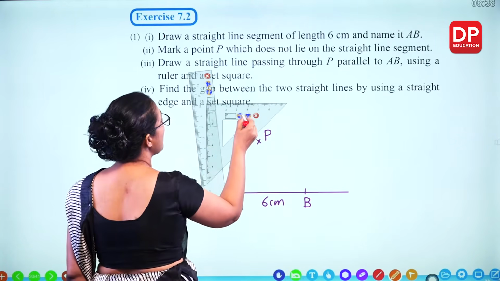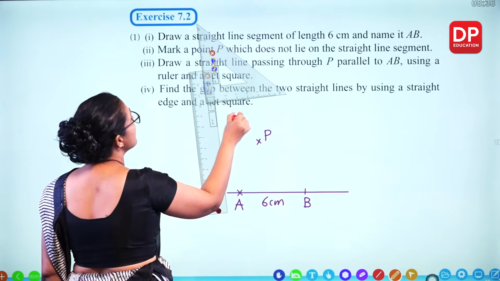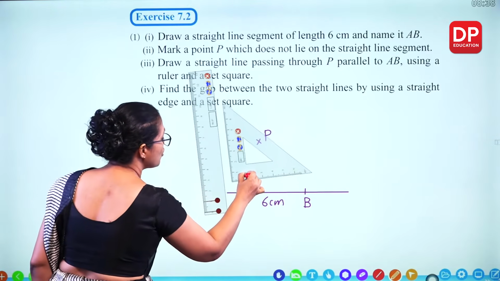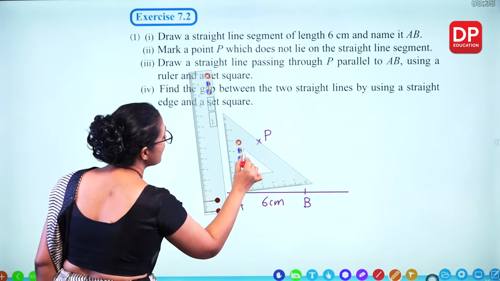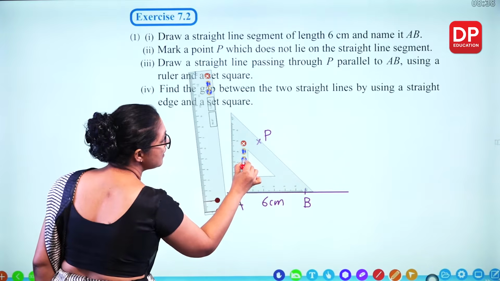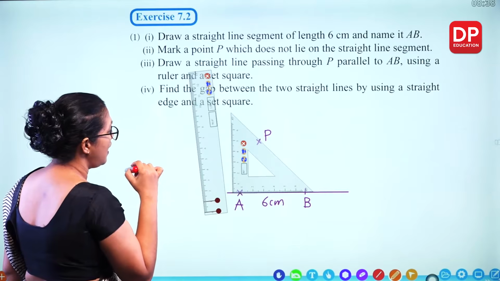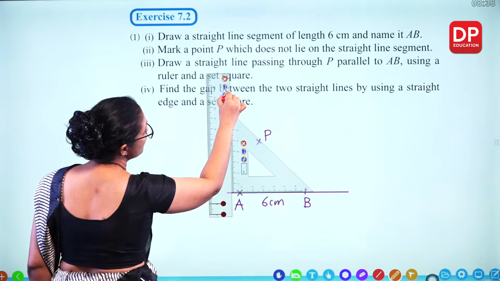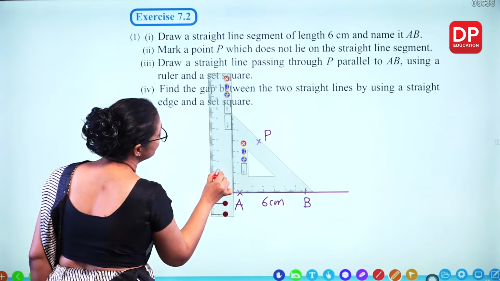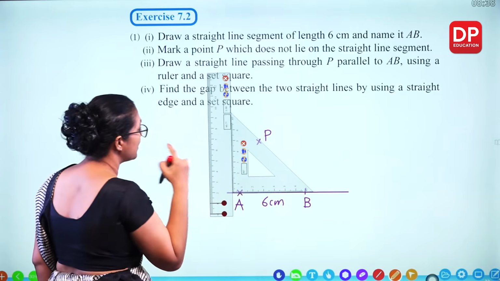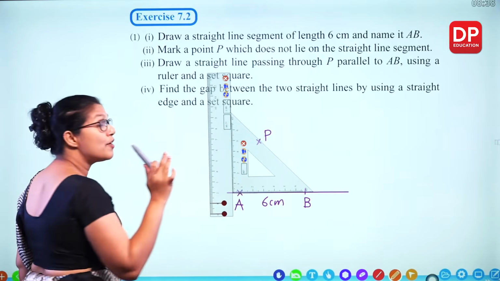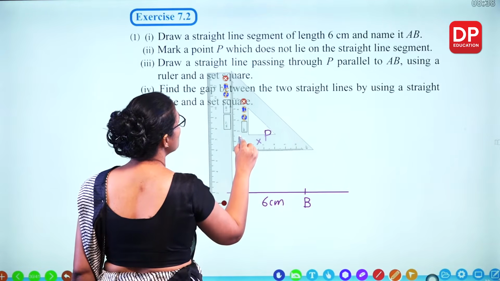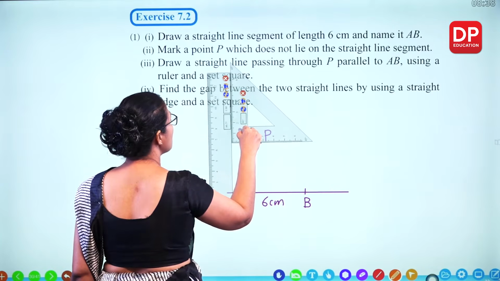So take the set square and you can keep it on top of the line first, AB line, and then keep the ruler next to that, like this, and keep the ruler tightly and push this one up so that you get the straight line.